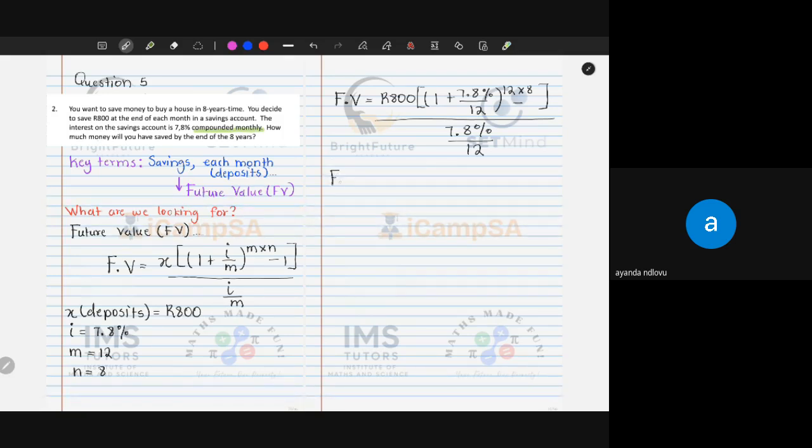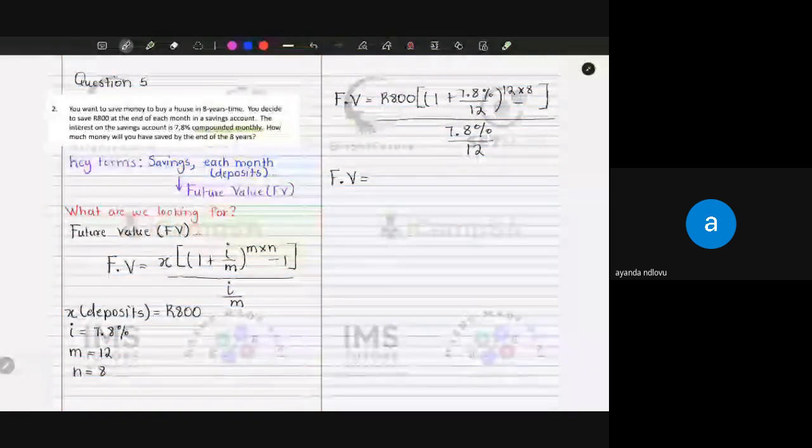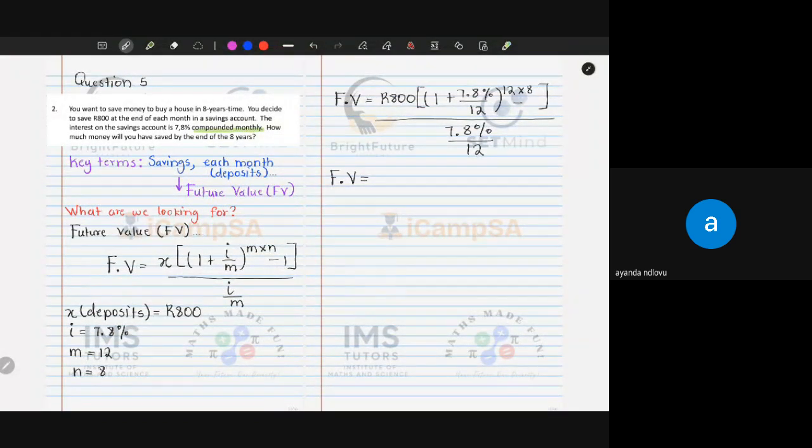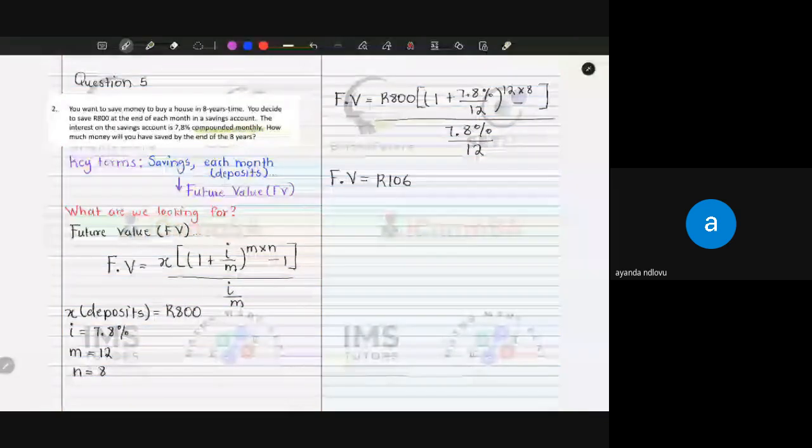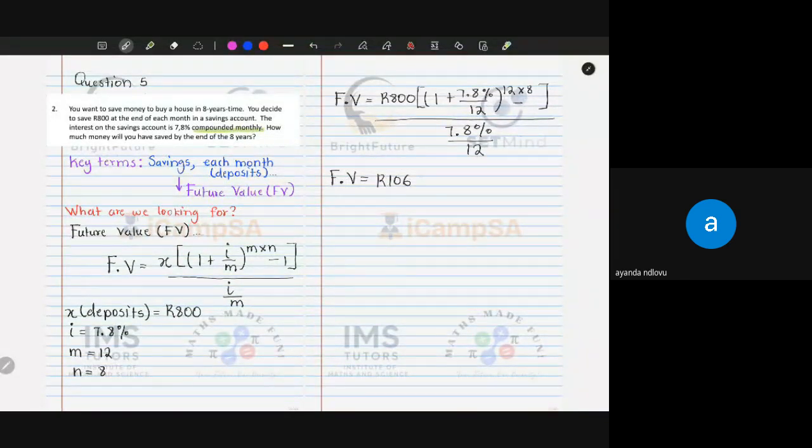How much are we going to find? Ayanda: 106,167.85.